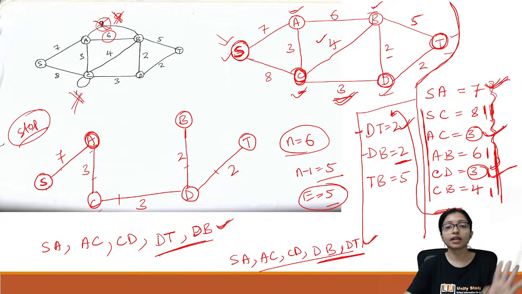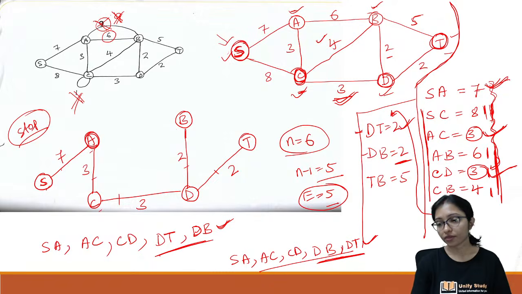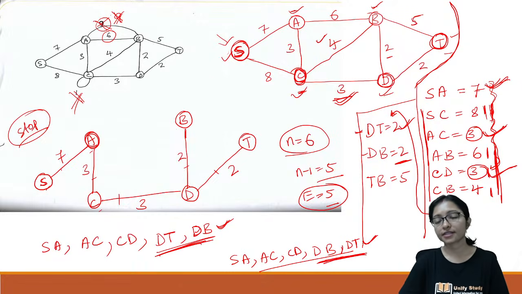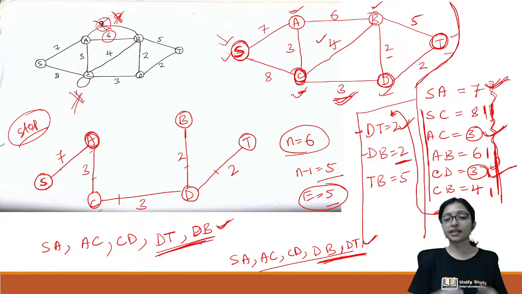Here you will not take all the edges together. I told Chetan, either DT DB or DB DT, both are correct. Either this one I can take, or this one.